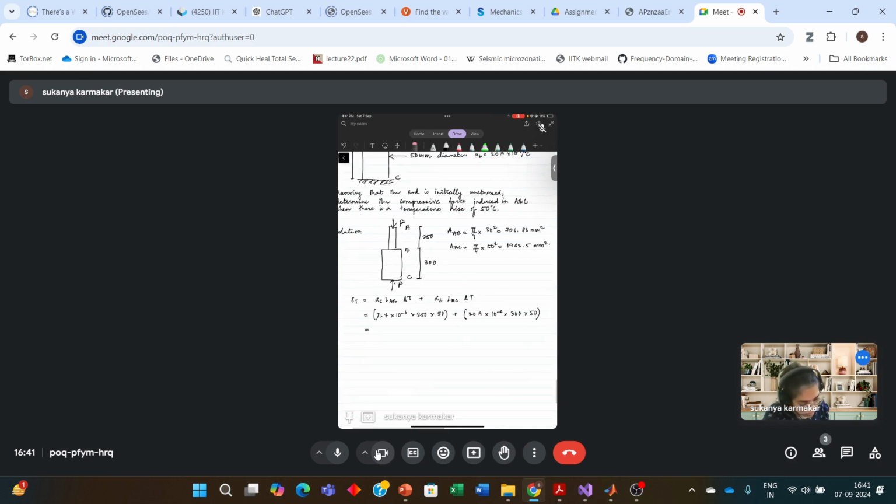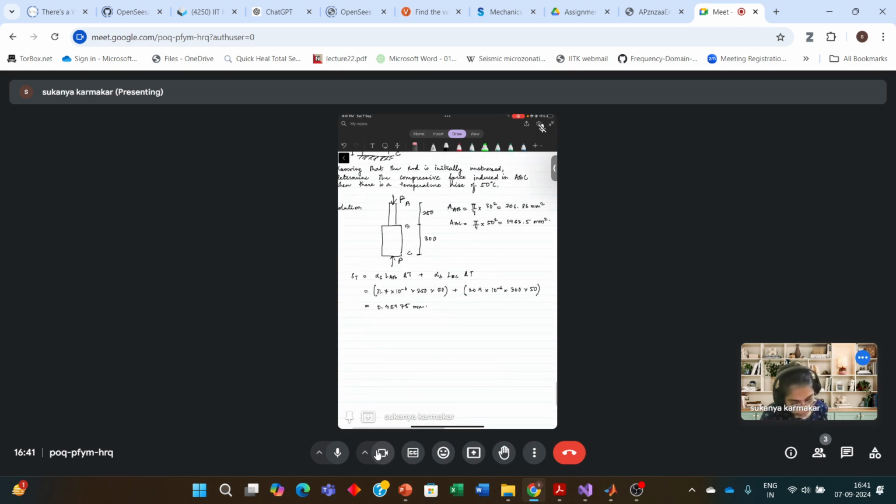So this delta T comes out to be 0.45975 mm. Now, because of this axial force P, there will be certain compression. Let's calculate that compression.